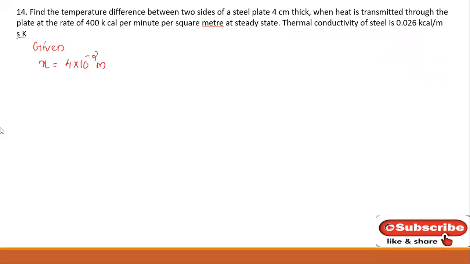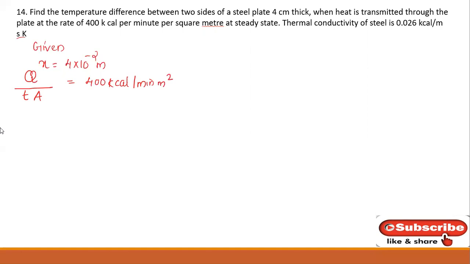So here it is given heat conducted, that is Q, per minute, that means time, per meter square, that is area. Q by TA is given, that is 400 kilocalorie per minute per square meter.